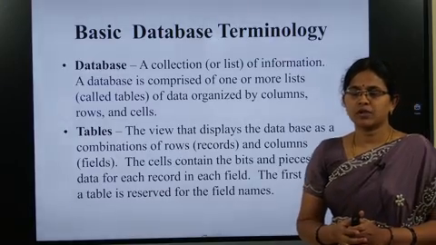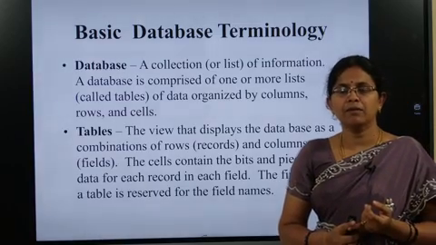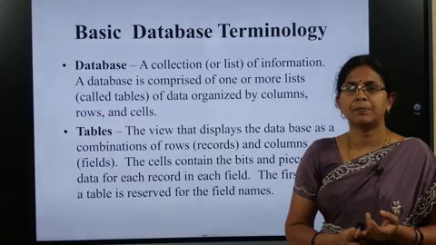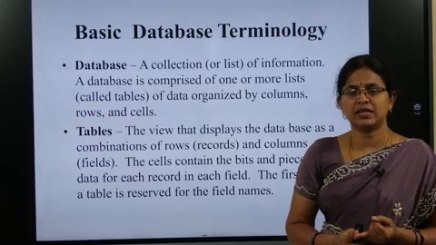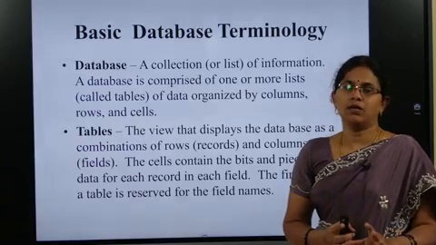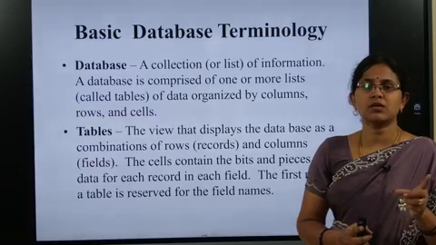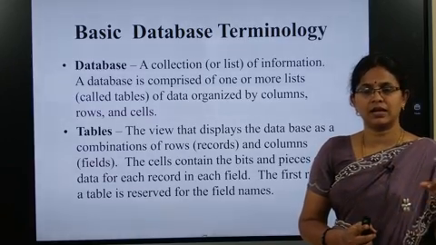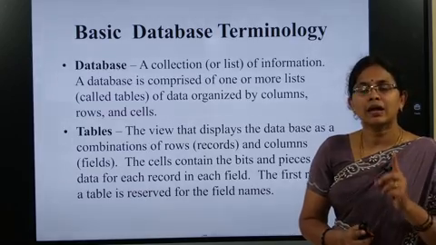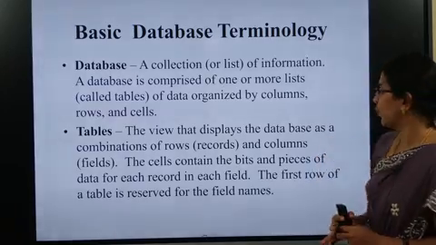For suppose one student is there: the student's number, his age, his place of birth, and the specialization that he enrolled in all come under the columns. But the entire details of a single student, meaning all the column-related information of a single person, is called a record, so here we call it a row.